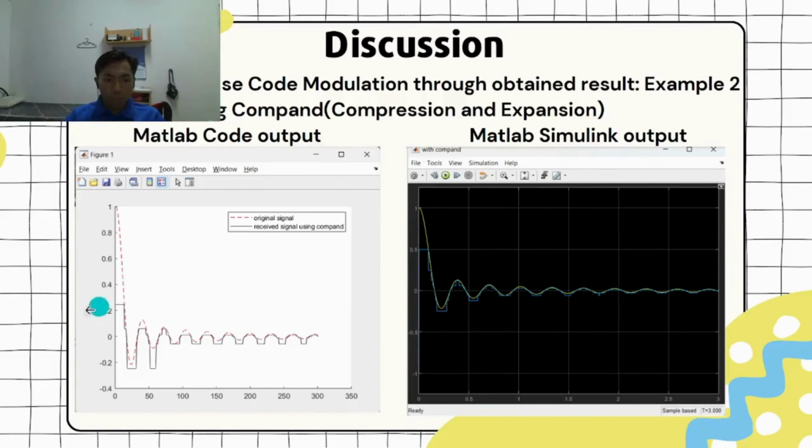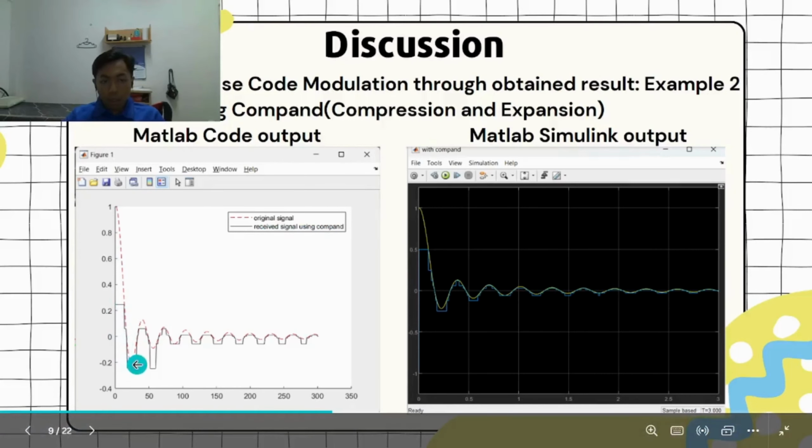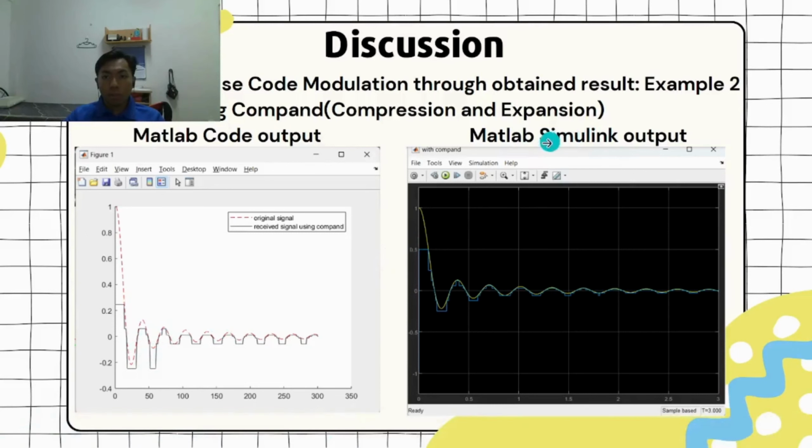As you can see, the received signal using compression and expansion is closely, nearly, not perfect but nearly accurate to the original signal. The values are much closer to the original signal, as well as the same as the MATLAB simulation output.